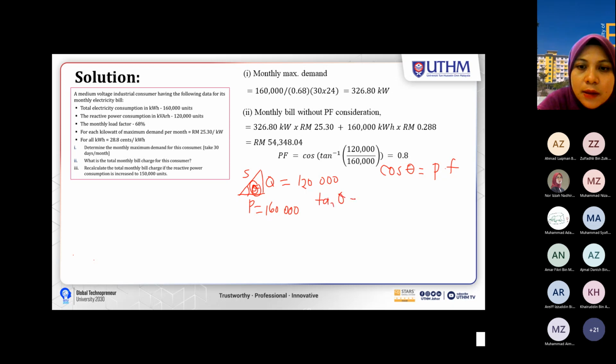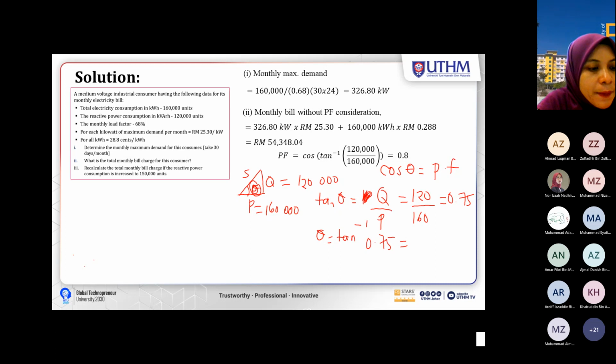Tangent theta equals Q divided by P. So Q is 120, you divide by 160. Then you get tangent theta is 0.75. Okay, so theta is the inverse tangent of 0.75. What do you get? What is the inverse tangent of 0.75?